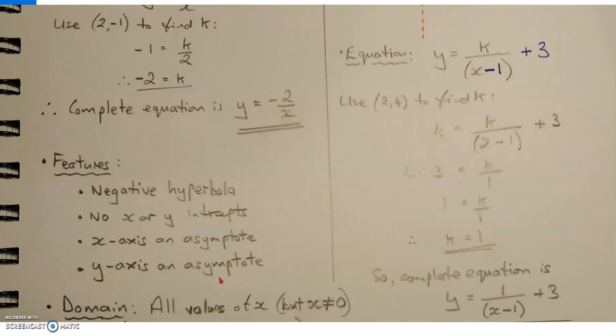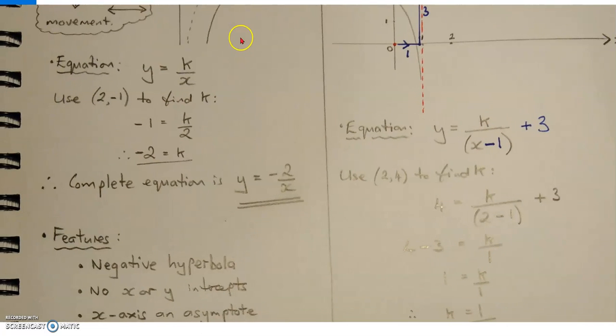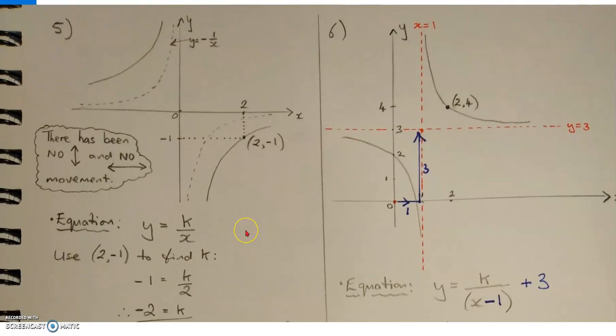Now, we have to be very careful when we talk about the domain and range, because let's look at it here. The domain is all the x values along the x-axis, but there's one value of x that is not allowed, and that is this one here, okay?